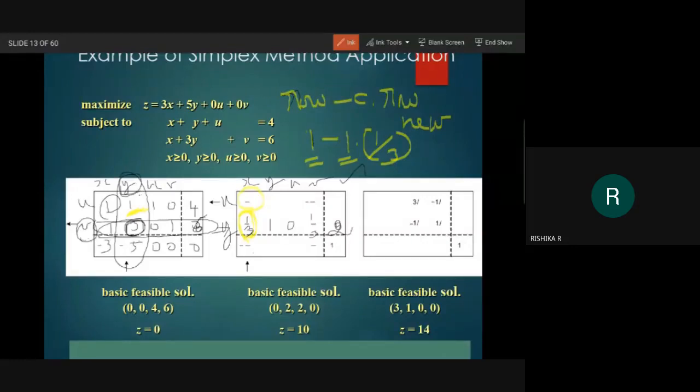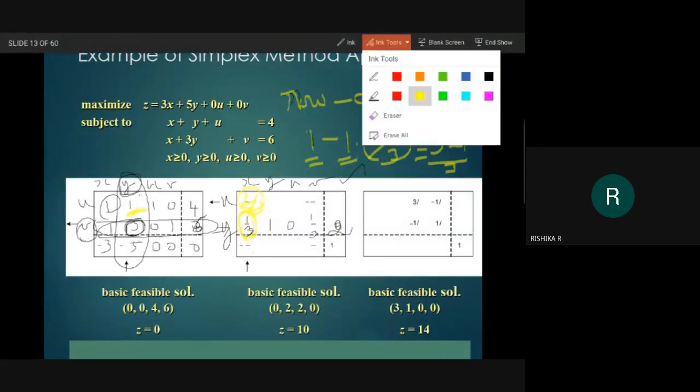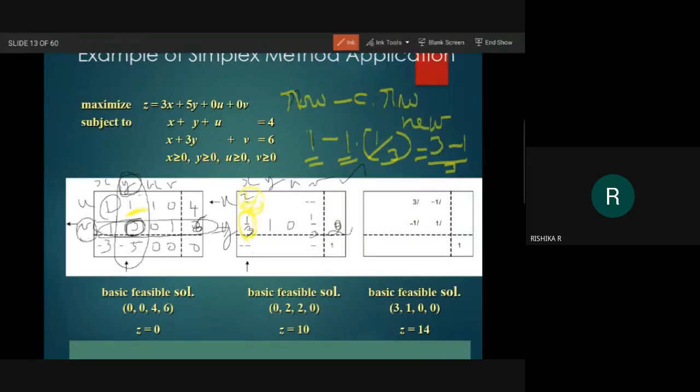It is 1 by 3. If you simplify this, you get 1 minus 1 by 3, which is equal to 2 by 3. So I'm going to write 2 by 3 here.